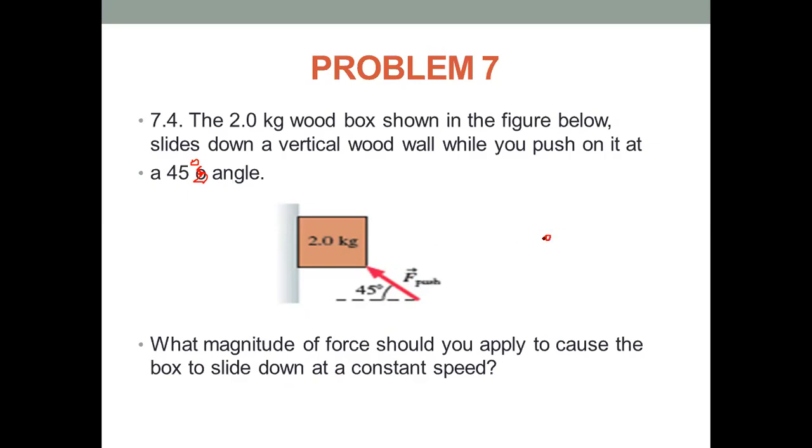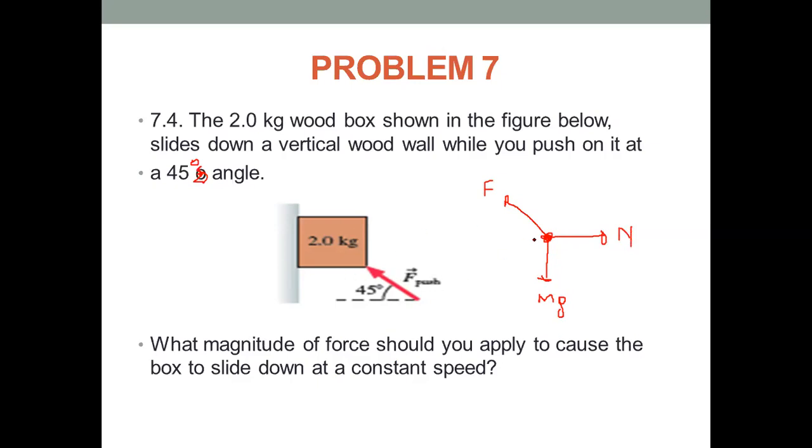Okay, so let's say this is the box. So here is the applied force, let's call it F. And there's gravity, of course, acting vertically downwards. Let's write it as mg. There is a normal force, which is always acting perpendicular to the surface.